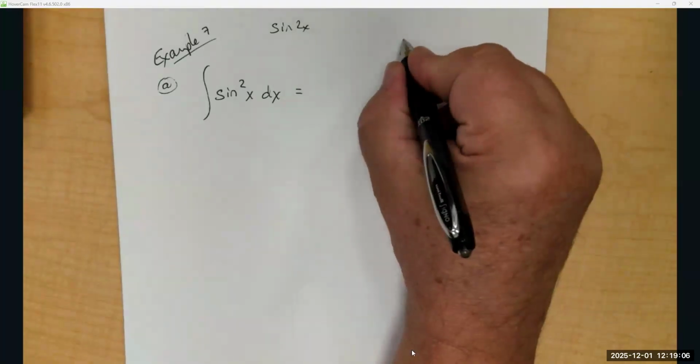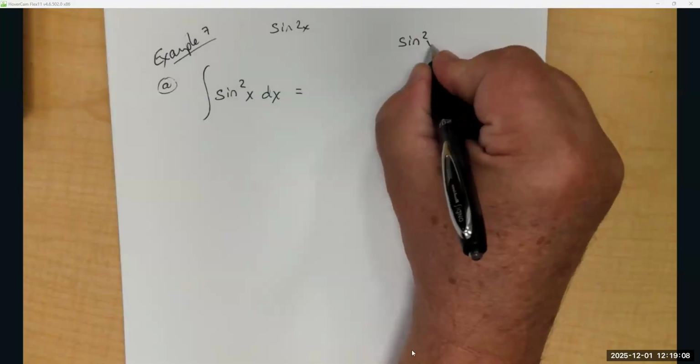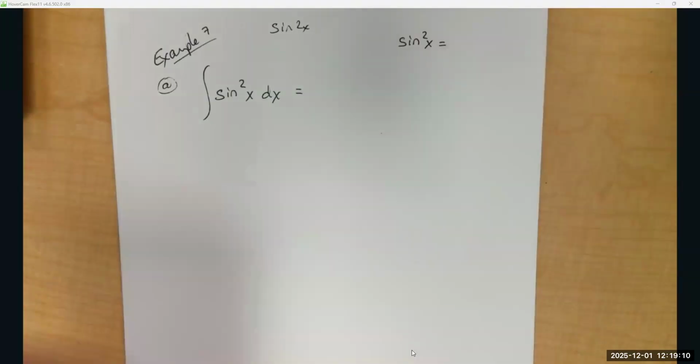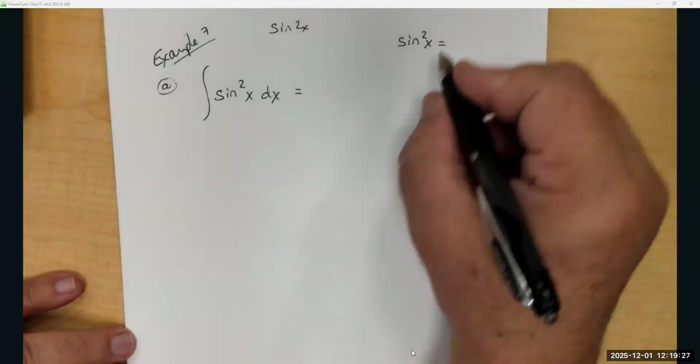So in your sheets, what does sine squared x equal? One half, one minus cosine 2x.